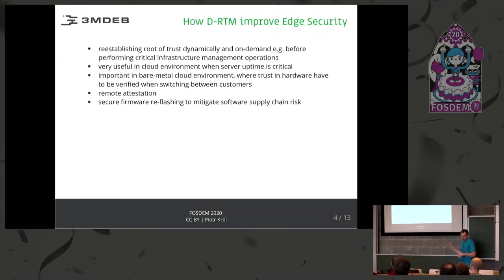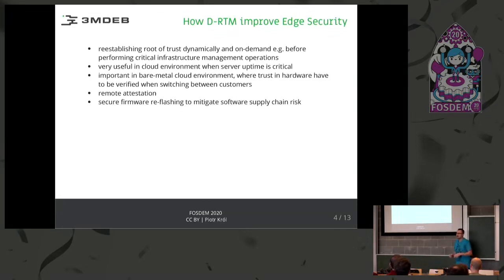As I said, we want to solve this problem of re-establishing root of trust in a dynamic way. We want to do that at any point of time of the platform's life. This should also be very useful in a cloud environment where uptime is critical.